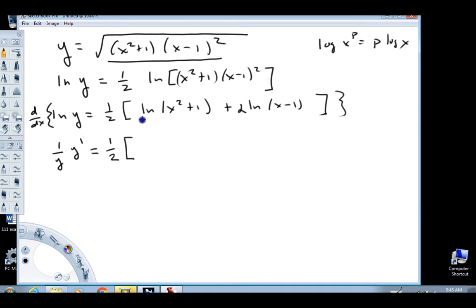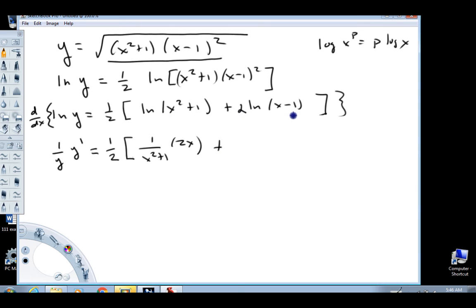So here we have ln of x squared plus 1. If we differentiate this animal, we get 1 over x squared plus 1 times 2x. That's coming from the derivative of the natural log function: the derivative of ln u is 1 over u, but then you have to chain rule it times du.